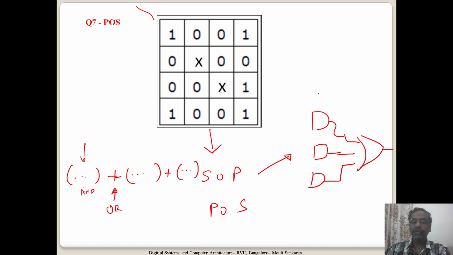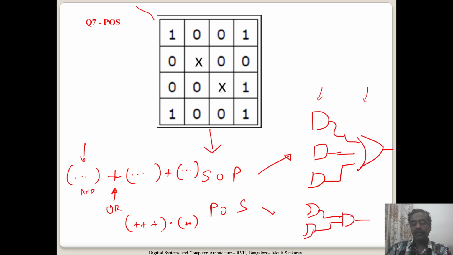Either I can represent it using AND followed by OR, or product of sums. Now, what is product of sums? Product comes and internally sums of some terms are there. In that case, I am performing an OR operation first on all the inputs, and then the second level is going to be AND operation.